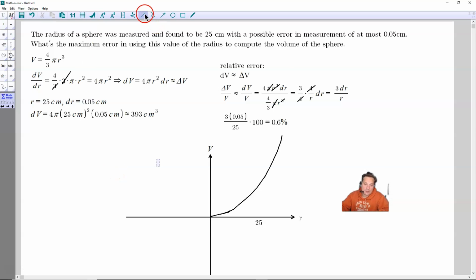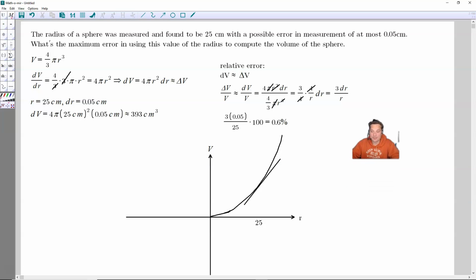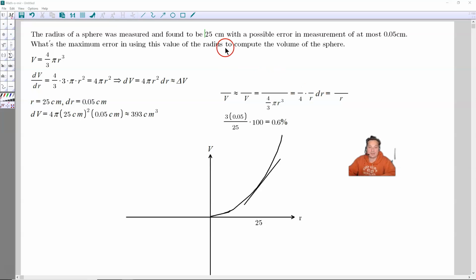So then what you can do is pretend that you're drawing a tangent line. So what does that tangent line look like? Just kind of approximated, maybe something like this. Doesn't have to be perfect. So that's my tangent line. And then our delta r, or change in r, is a very small quantity, 0.05. So that would be very hard to show here, so maybe just exaggerate it to get the idea across.